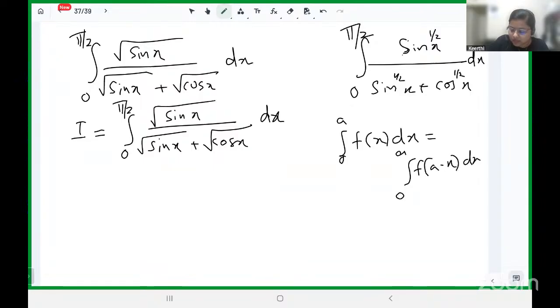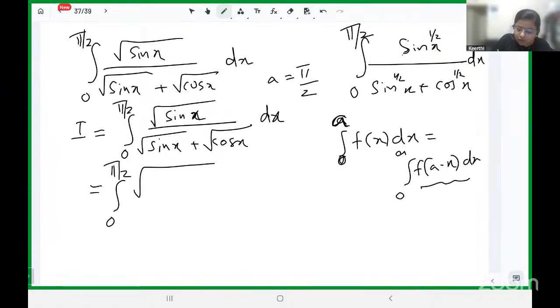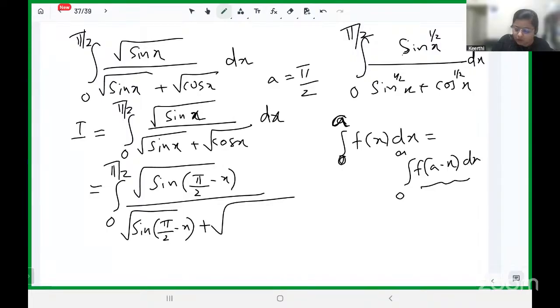So here in the place of a it is pi by 2, so I'm going to replace this as integral 0 to pi by 2 root of sine of pi by 2 minus x divided by root of sine of pi by 2 minus x plus root of cos of pi by 2 minus x into dx.